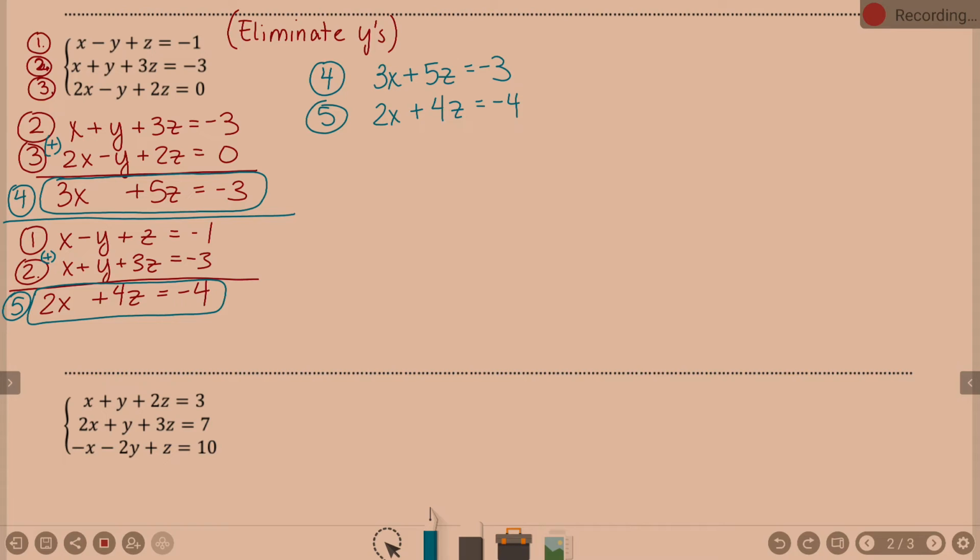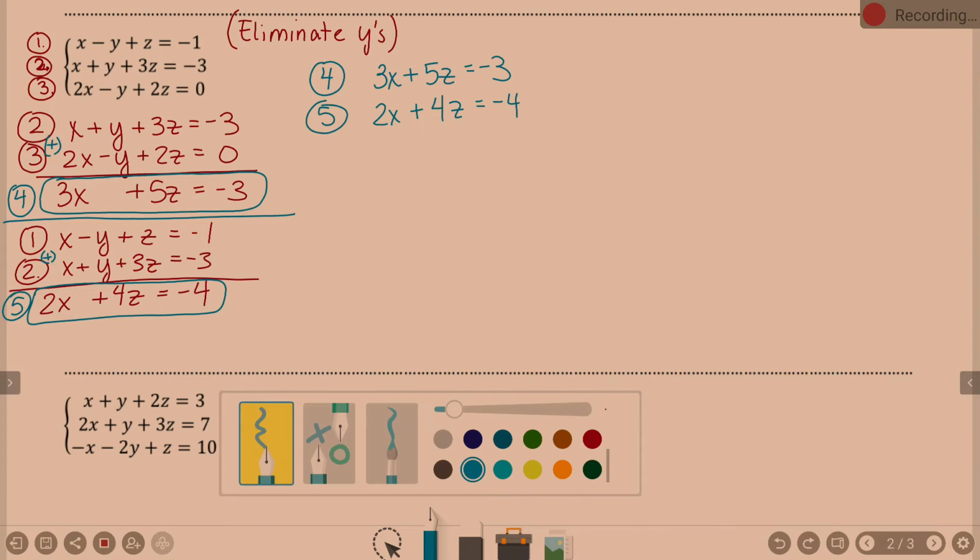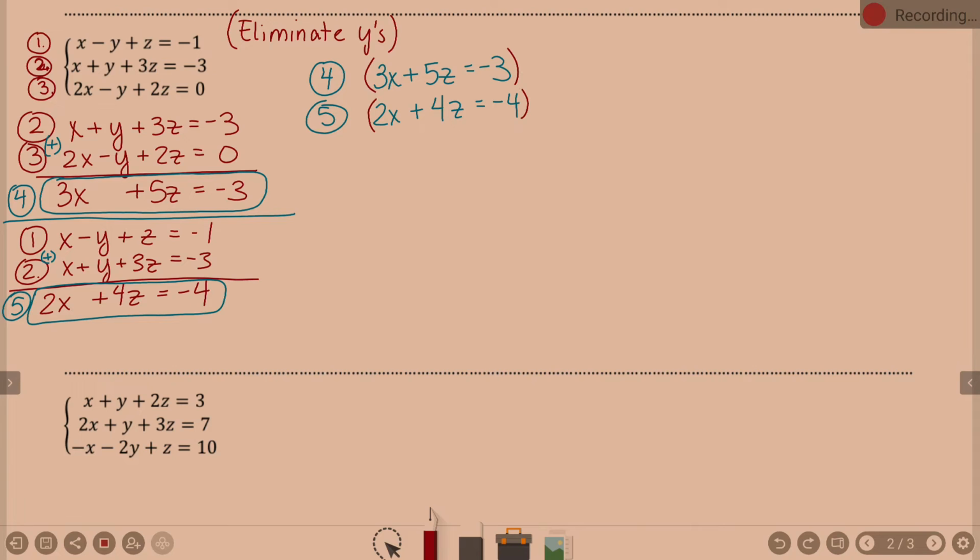Yeah. Okay. If we're going to eliminate x's, I'm going to multiply my top equation by -2. Okay, I was going to say 2. Well, either way. One of these, the way I teach it, needs to be a negative.